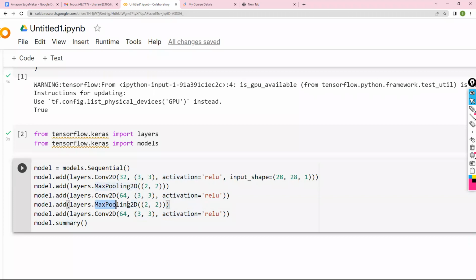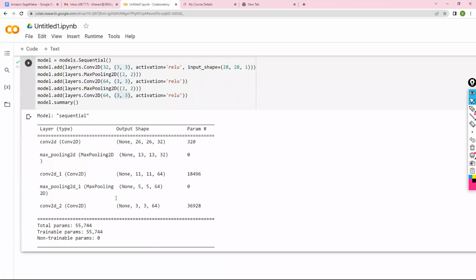And that is being connected to max pool 2D, which is of size 2 by 2. And then you're connecting it to convolution 2D. You have 64 convolution layers of size 3 by 3, and you have ReLU activation function. Then when you say model.summary, you get all the various ones.